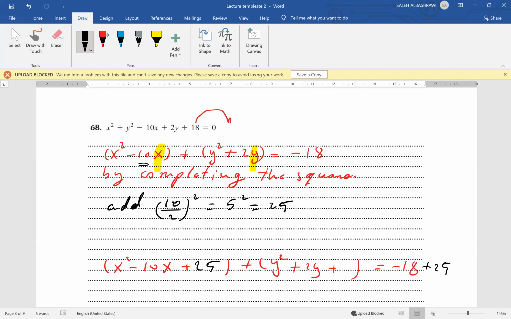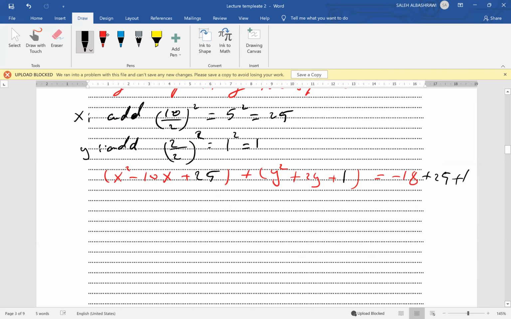Now for the second bracket, we need to add for y. For y, we need to take the coefficient 2 divided by 2, and square it. That will be 1 squared, equal to 1. So I'm going to add 1 to the left-hand side and plus 1 to the right-hand side. Now what I have, perfect squares.